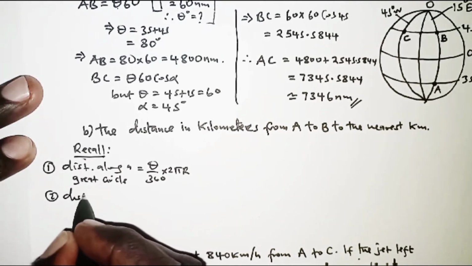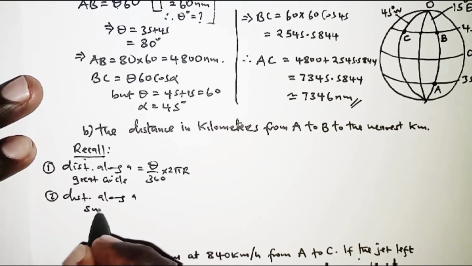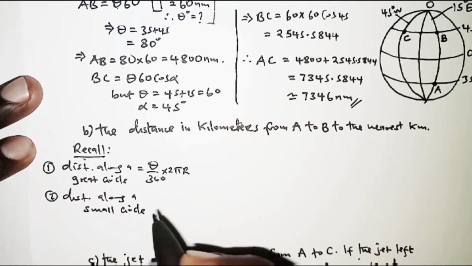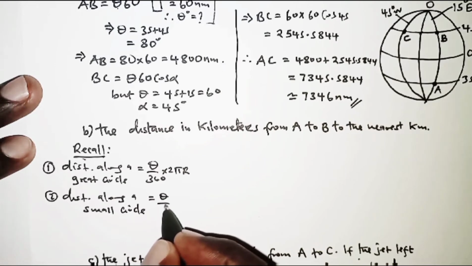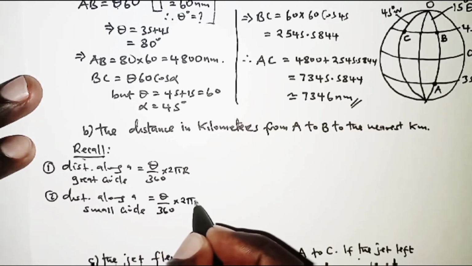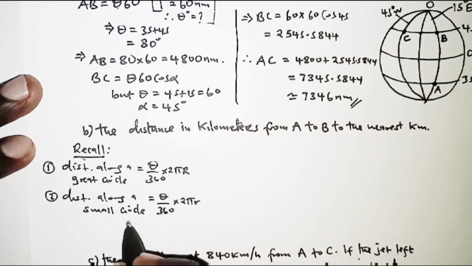And distance along a small circle, that is on the latitudes, is given by theta over 360 times 2 pi r, where r is the radius of the small circle.